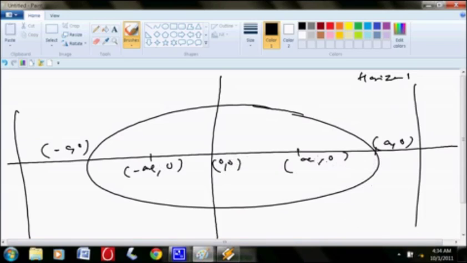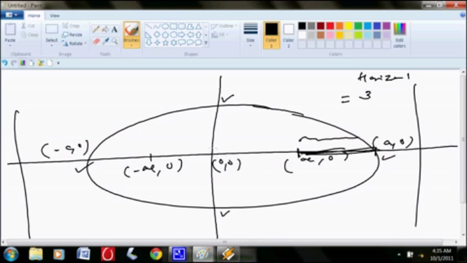If I ask you to find the distance between the focus and the vertex, take care that there is no specific name for these two. These are the vertices. We can say endpoints of the minor axis. So what will be this distance? Or if at all he is giving the distance between the focus and the vertex is something like 3 units.